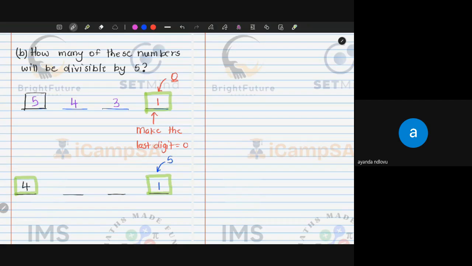Do you guys agree? Right. And if you think carefully, we've used one number here and another number here. That means I've used 2 numbers of the 6. So this one here, I'm going to choose from 4 numbers. You guys agree? And this one, I'm going to choose from 3. Any question, guys?